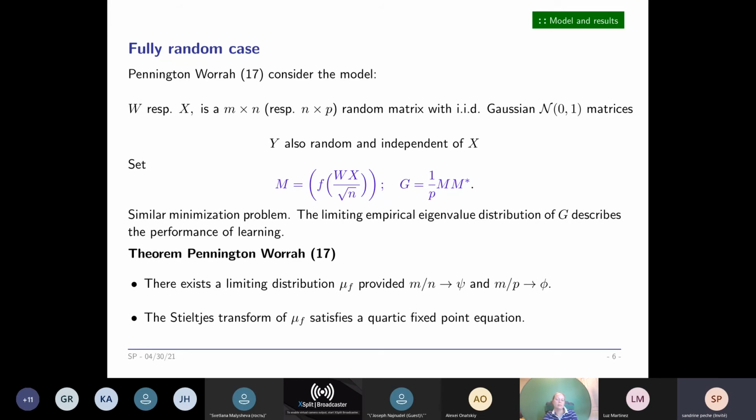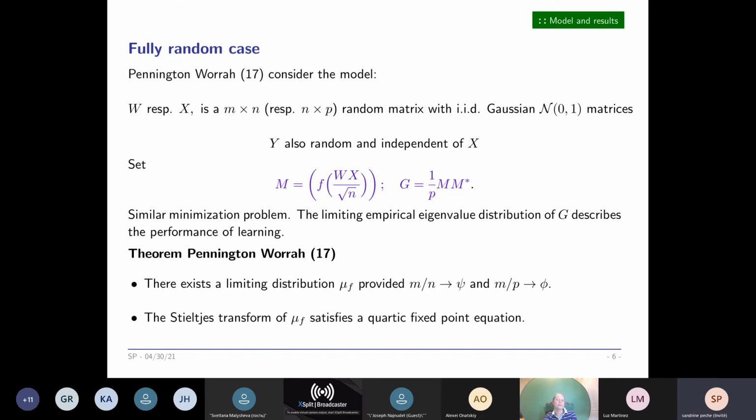And then Pennington and Worah have shown the following, using that all the matrices W and X are Gaussian. They show that there exists a limiting distribution mu f, provided all the dimensions grow in the same way to infinity. So m over n converges to some constant c, and m over p converges to some constant phi.